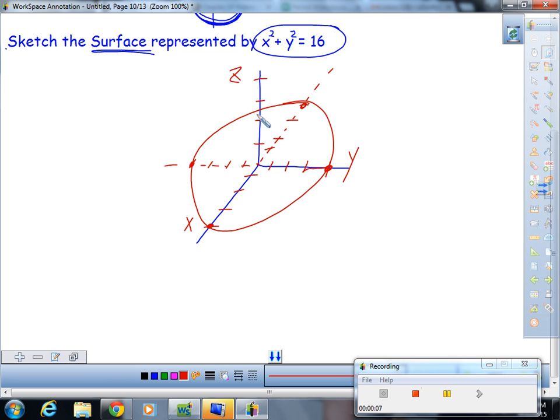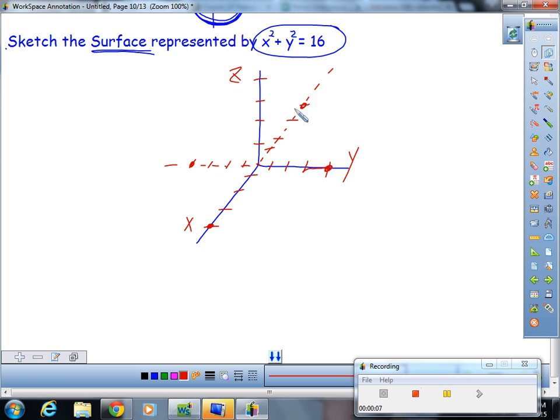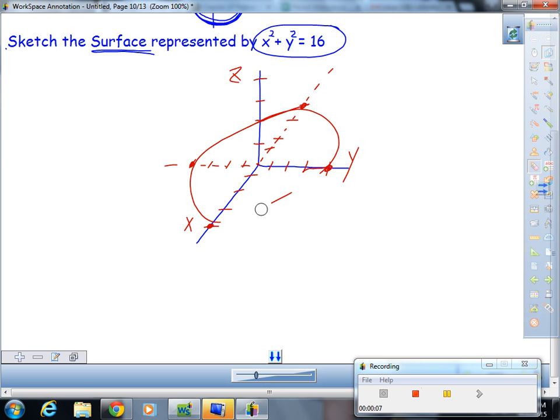Okay, and that's the generating curve. I don't like that at all, so we're going to try that again. It really should just look like a flat oval. Okay, that's not great, but it's not terrible. We'll go with it. Let me just make that look a little better. All right, so there is a cross-section of our curve.